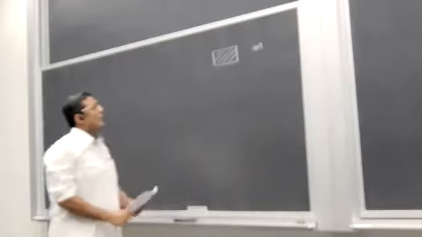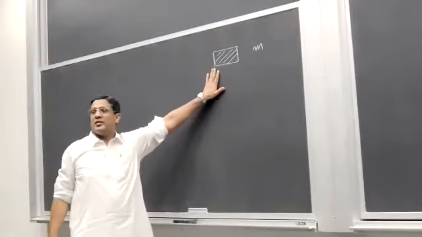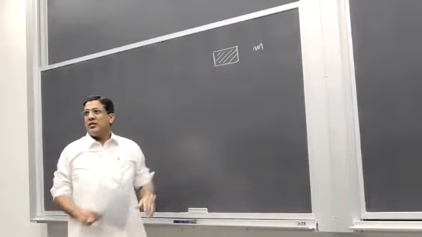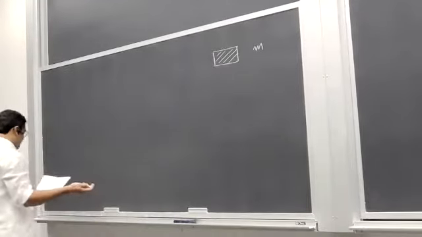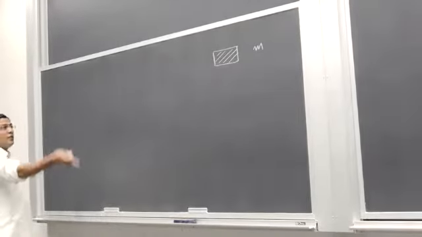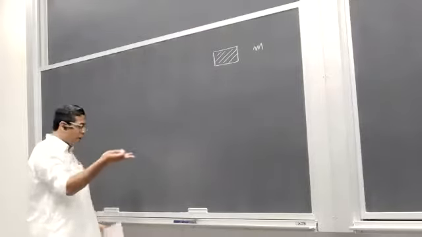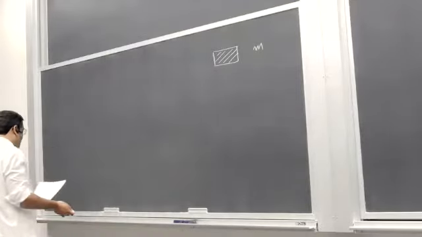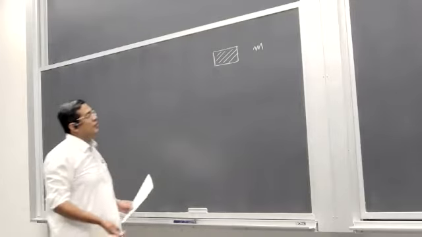Okay, how many forces are acting on this block? Just one force, right? The force of gravity. It's in free fall. There is no other force acting on this block. So only one force is acting on this block.